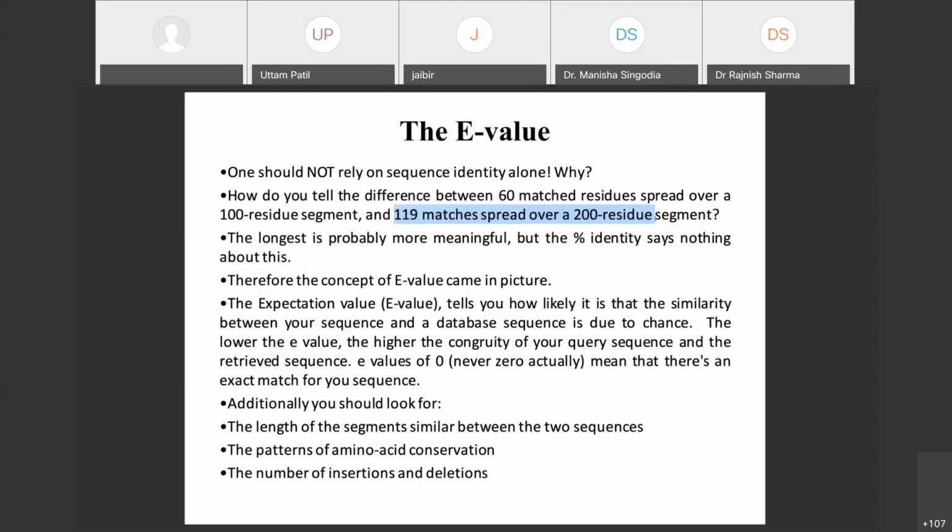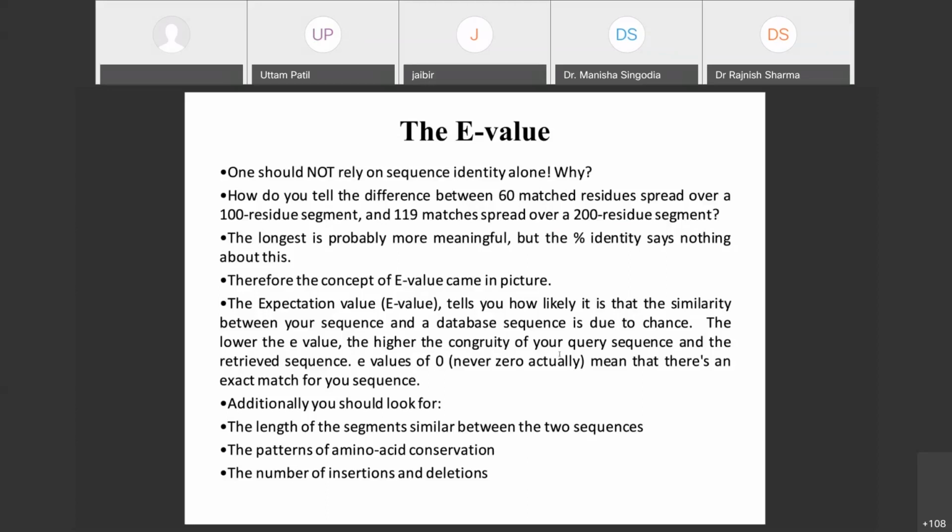E-value will come later on. Whenever you BLAST your sequence, it comes with an e-value. Additionally, what you have to look for is the length of the segments between the two sequences, the pattern of amino acid conservation, and the number of insertions and deletions.